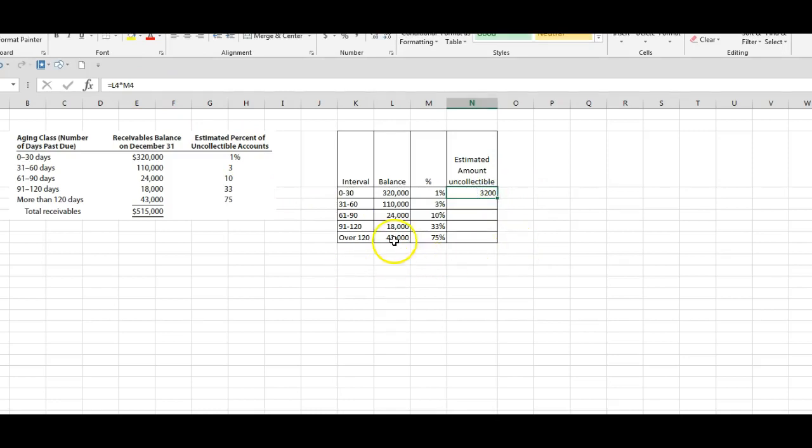So I corrected that. Make sure you correct it on yours. Now I just pull these down. Those are my individual totals. And it comes up that I need a balance of 47,090 in my allowance.